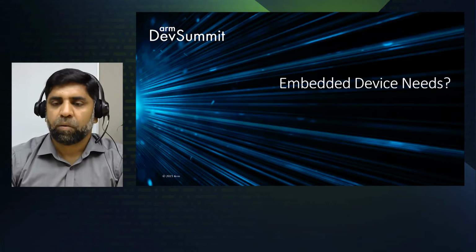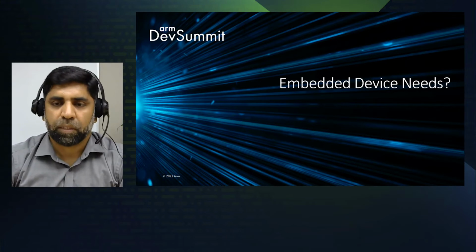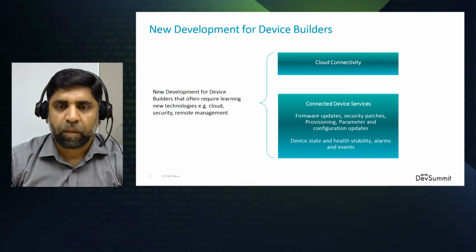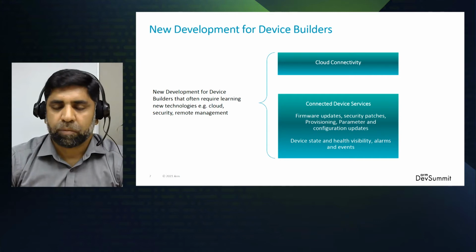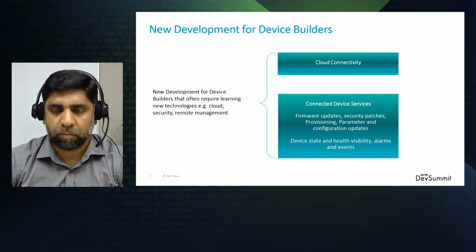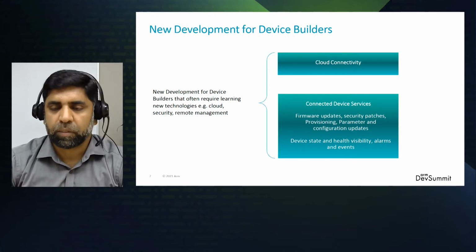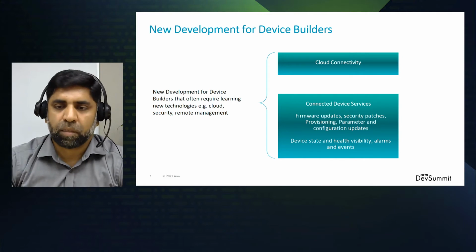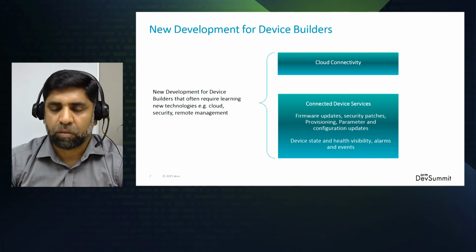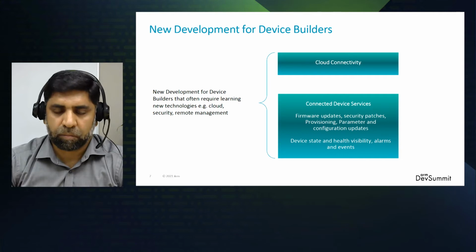So let's take a look at what needs to happen on the embedded device side when you embark on this IoT journey. Obviously, the first thing that you would need to do on your embedded device is to enable the connectivity via cloud, or if you're implementing an on-prem system, you'll need some sort of connectivity servers. Apart from that connectivity, this is your basic enablement or your base to start your IoT journey.